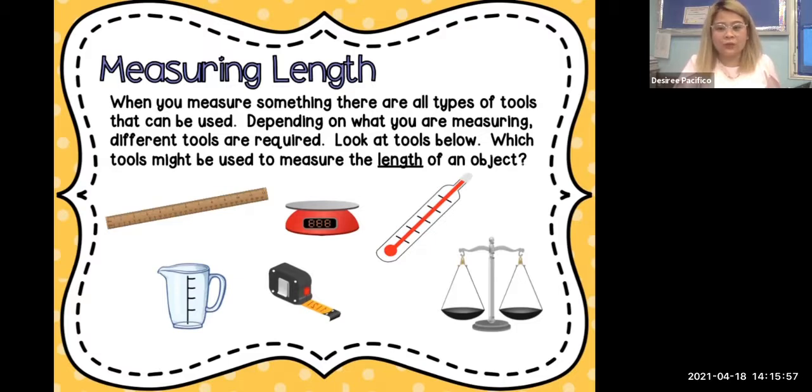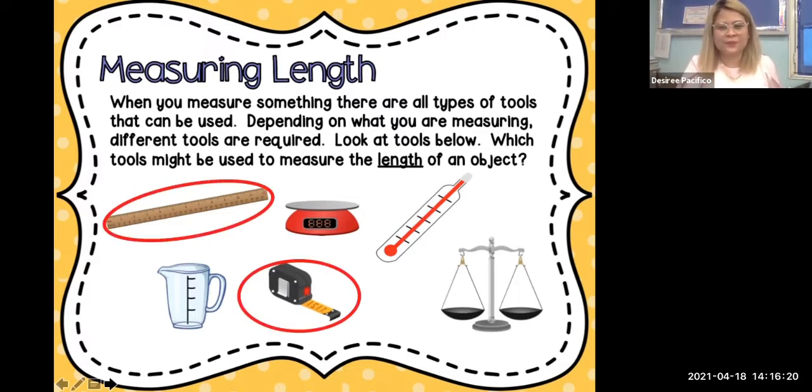Now these are all used to measure objects, but for length, we can use a ruler or measuring tape. So we have here a ruler and we have here a measuring tape.